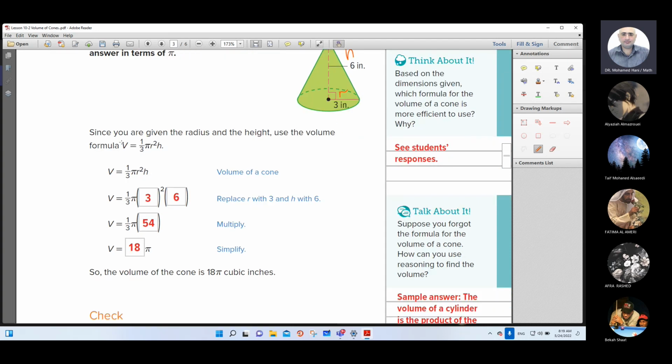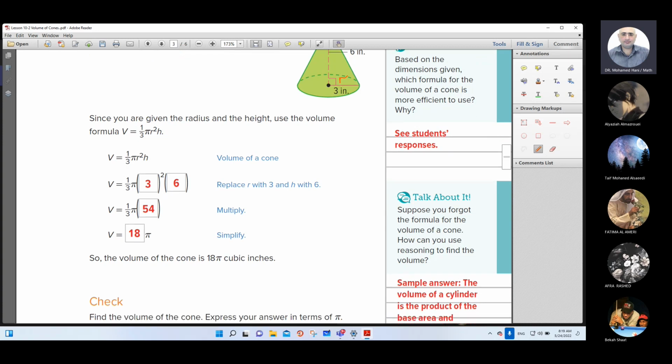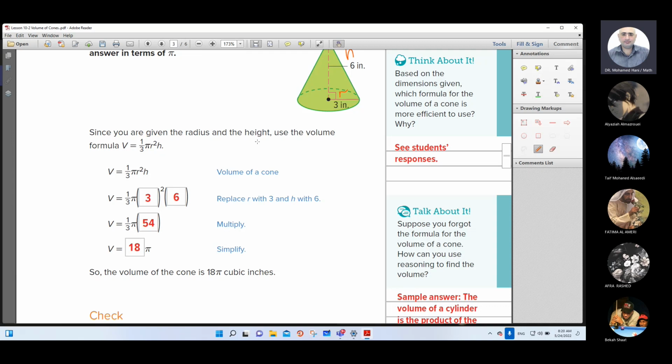So you can write the rule V equals 1/3 pi R squared times H. So 1/3 pi. What is the value of the radius? 3. So we have R squared means 3 squared. And what is the value of the height? 6. So times 6.